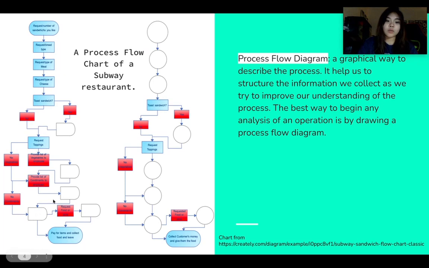Then you go towards the counter to the cashier, and they ask you if you want any food or drink or not, and lastly you pay for the item and leave. This is the process of the Subway restaurant, how it works, and this is what we call a process flow diagram. An example of it.